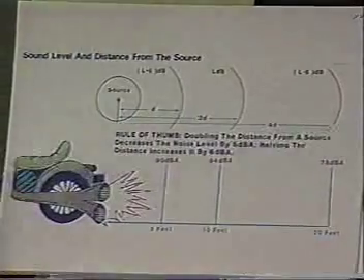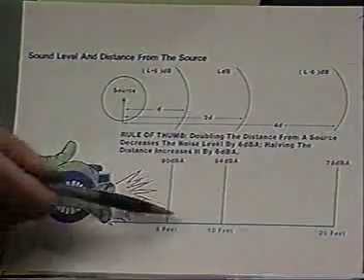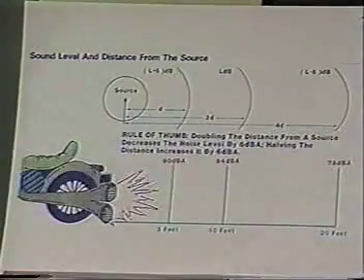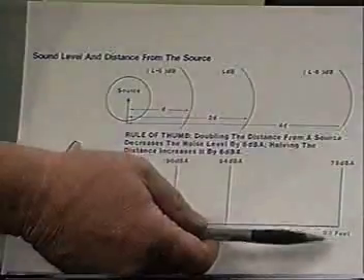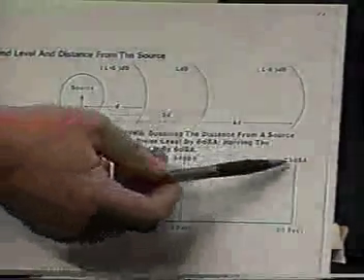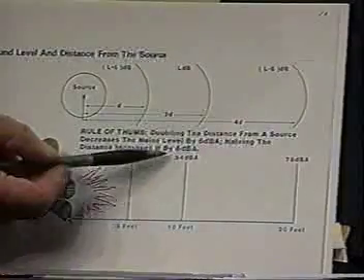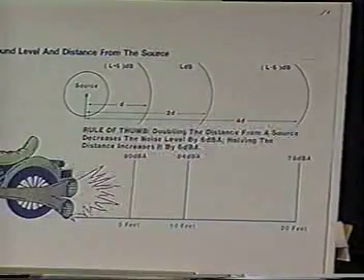So if you look at our Harley Davidson here again, tailpipe, and we're 10 feet away and we have 84 dB, if we double that and go to 20 feet away, we drop down 6 dB from this 84 and we have 78 dB. The level drops off that way.